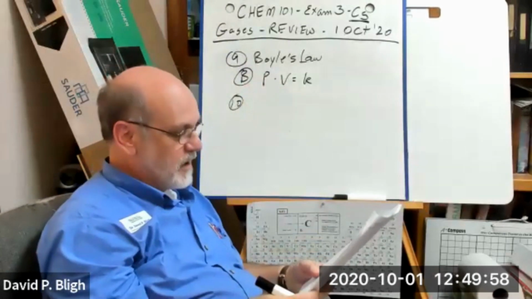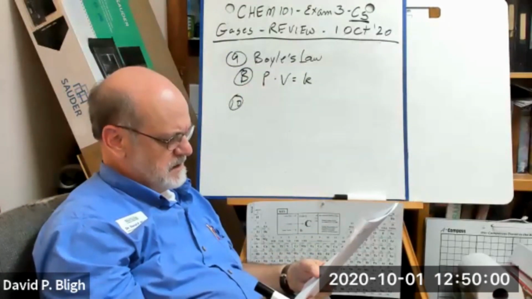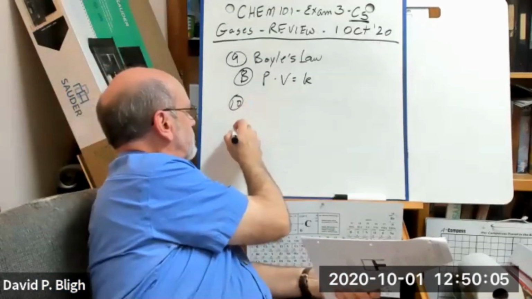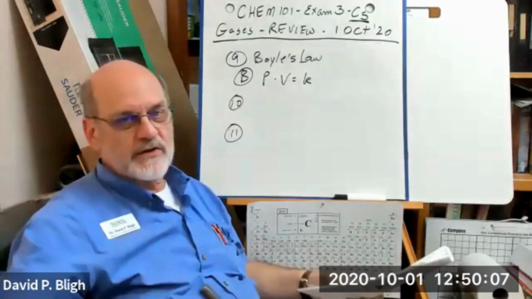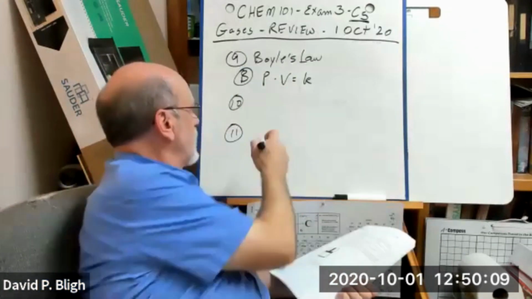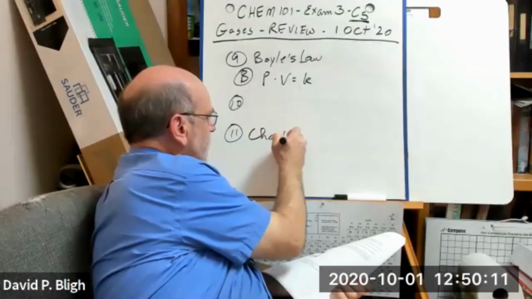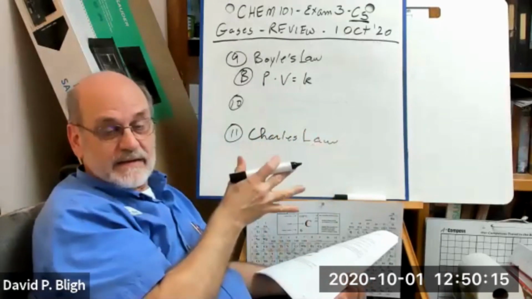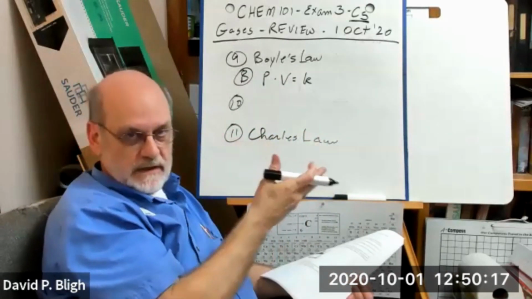While we're on the gas laws, let me skip 10. I want to go to 11. Let's take them in the order that we studied them. Charles' law. What's Charles' law? What does it relate? Volume and temperature.